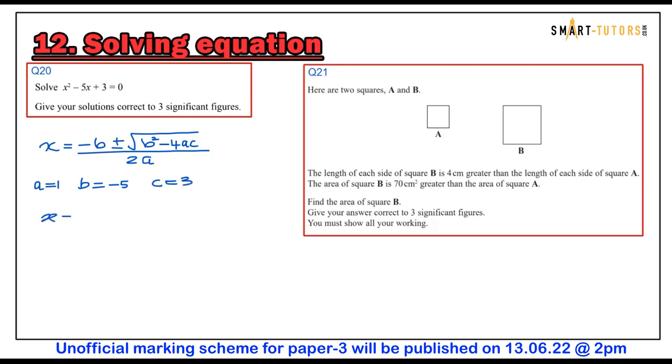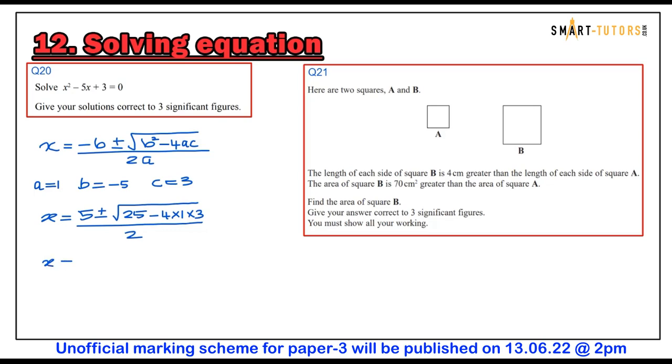Substitute: x equals minus b, minus times minus is plus 5, plus or minus the square root of b squared, minus 5 squared is 25, minus 4 times a times c, which is 3, over 2 times a, 2 times 1 is 2.